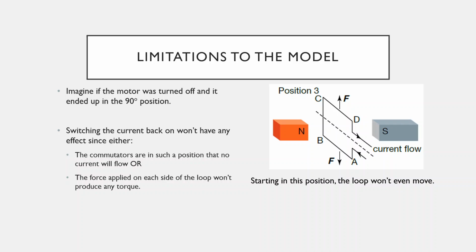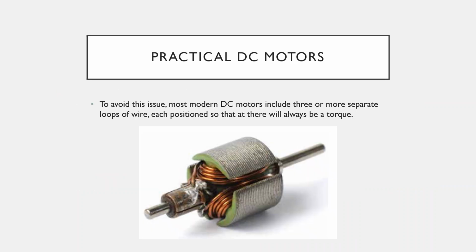How do you fix a problem like this? You could jiggle the motor around a little bit, hoping to get it out of this position and continue rotating again, but that's annoying. You don't want that to happen. So in most practical DC motors, you have multiple coils of wire going around your motor.